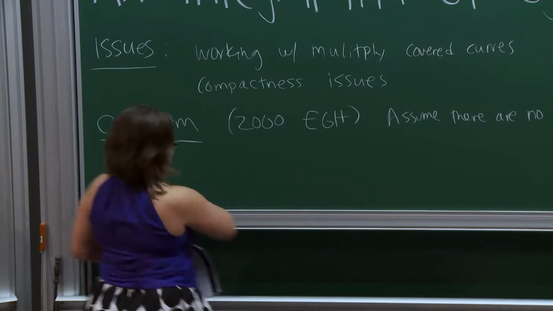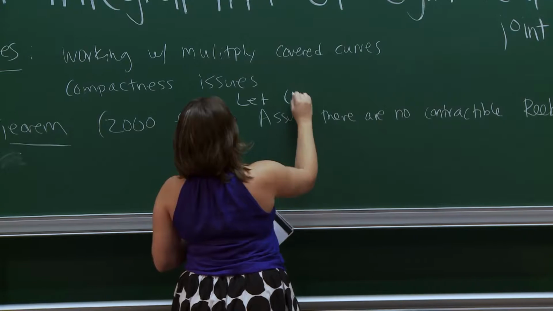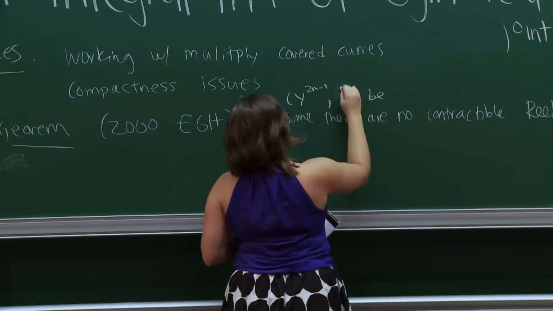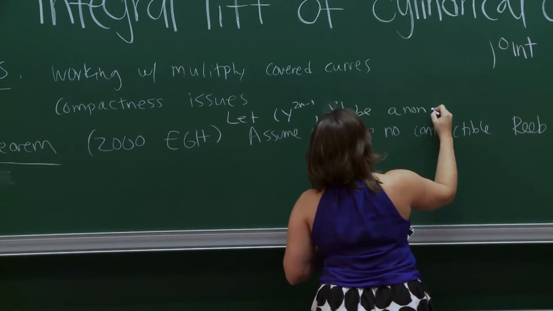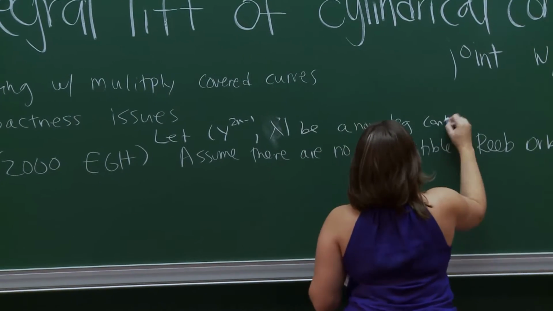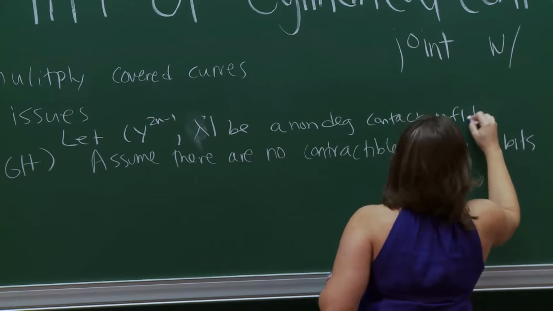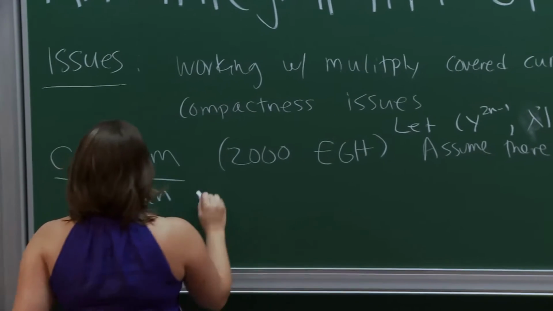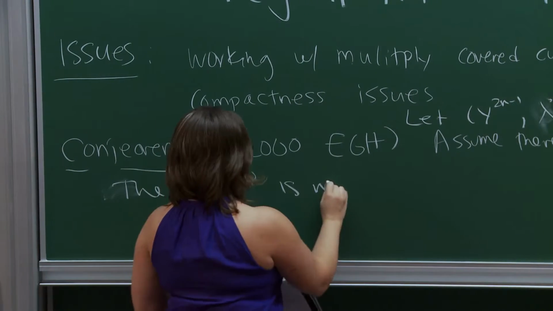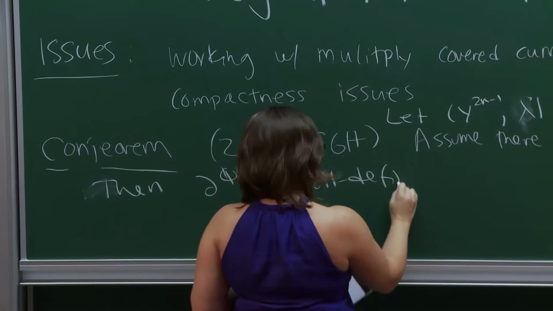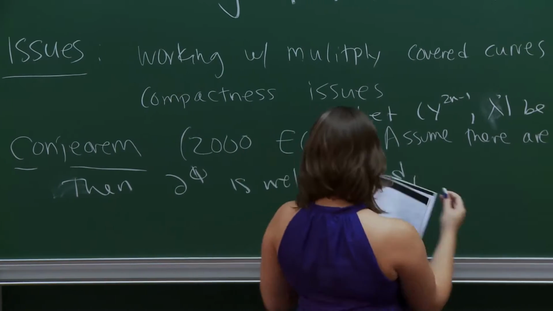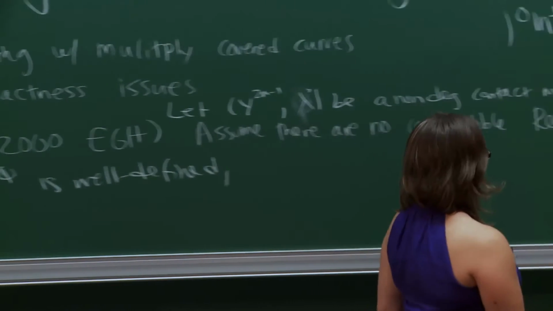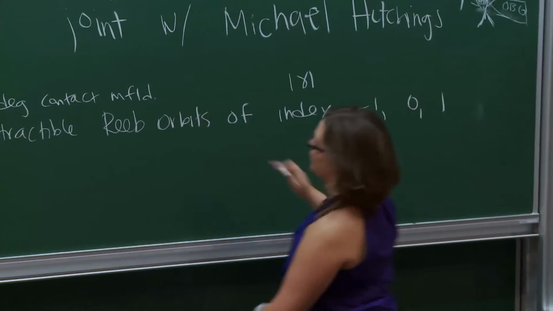It also started by saying let Y, ξ be a non-degenerate contact manifold. Then the differential is well defined. Of course, no one really said which differential they were using, which adds another layer of confusion, but that's okay. And J is generic.